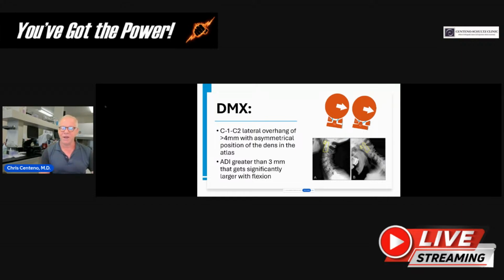And I use an ADI greater than 3 that gets significantly larger with flexion. And that's an important part. I've seen ADIs called when they are 2.5, 3 millimeters, but they're not changing from flexion to extension. So that basically means that there's probably not an issue there with the transverse ligament.